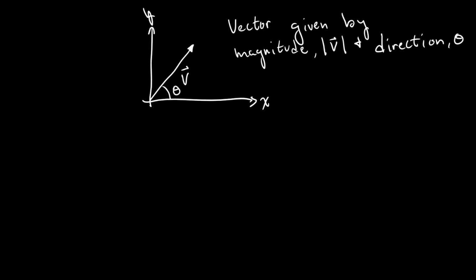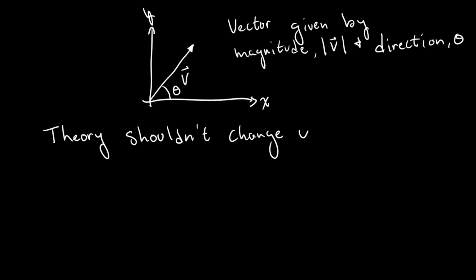So now say I have a theory. I know my theory shouldn't change under rotations. So I have some physical system that I'm considering, and I know that physical system, say, looks like a circle in the case that we just had.